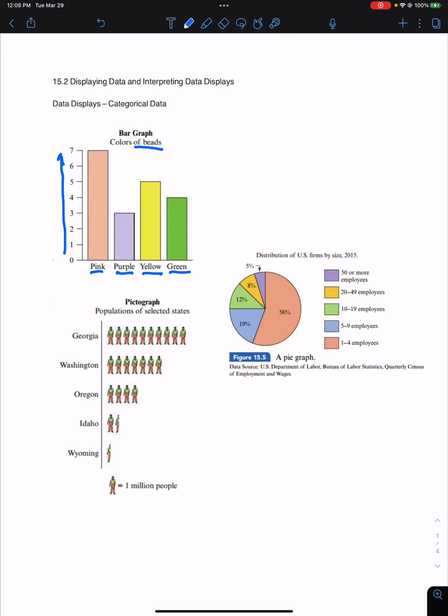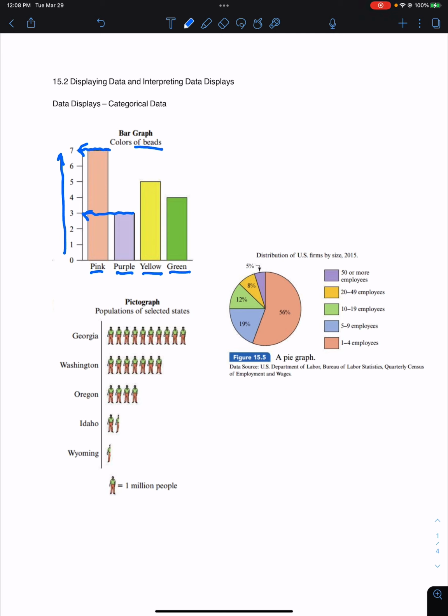So for example, here pink, we know because the top of the bar is in line with the 7 that we have 7 pink beads. Here for purple, the top of the bar is in line with the 3, so we have 3 purple beads, etc. So these bar graphs are really good for showing categorical data, counting numbers of things in different categories.